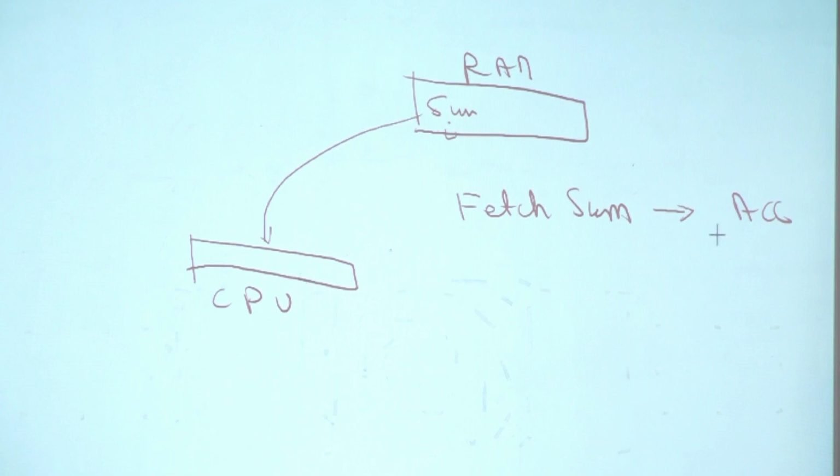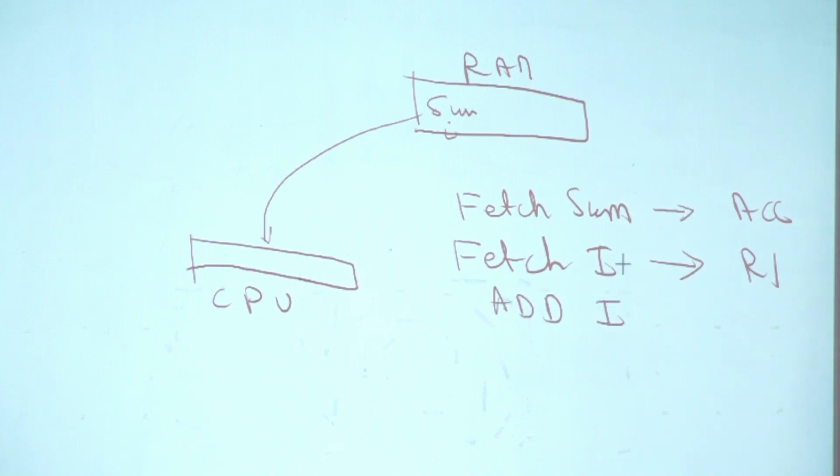Yes. Then fetch I into one of the registers in the accumulator because accumulator is full. Then add I, that is add this value of I to the accumulator. When you say add I, it means add the value of I to the value sitting in the accumulator. Add I, this has low level machine instructions.